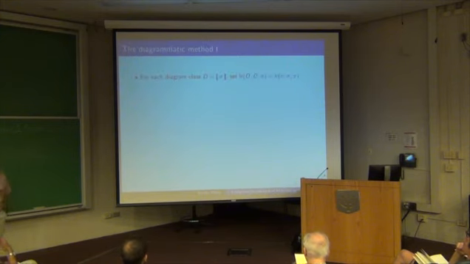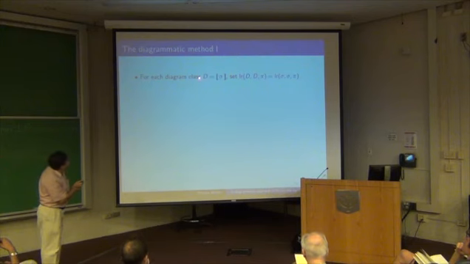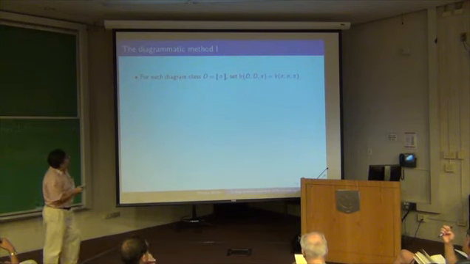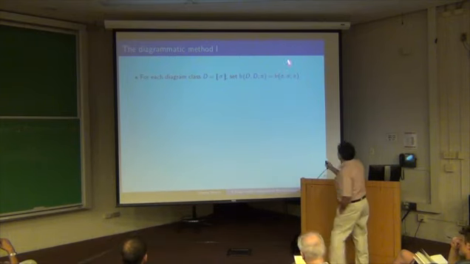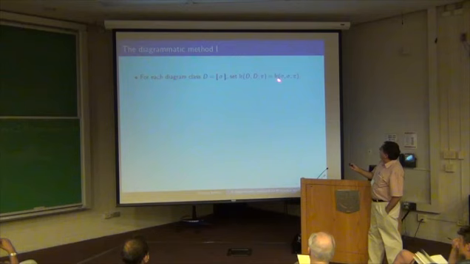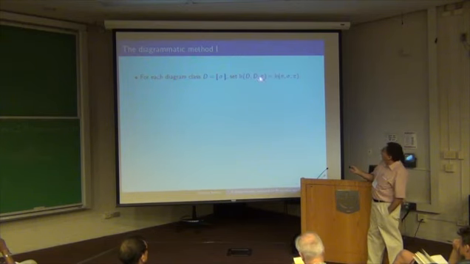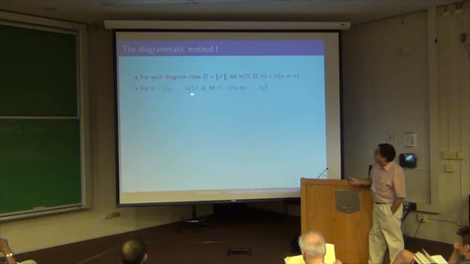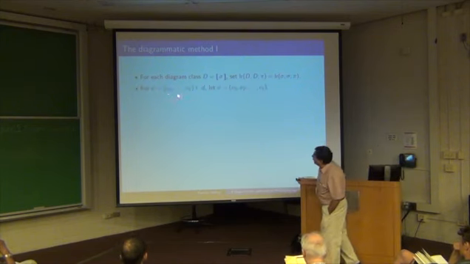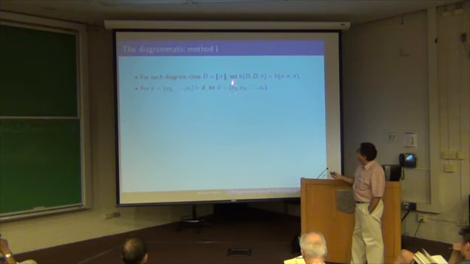Now I'm going to give the formula of the diagrammatic method. For each diagram class D, we make this definition. What I am saying is that if you take this number here, this number is independent of the isomorphism class of sigma, so that's why this makes sense. And then, given a partition mu bar starting in mu2, we define mu tilde by adding in the first component another mu2.